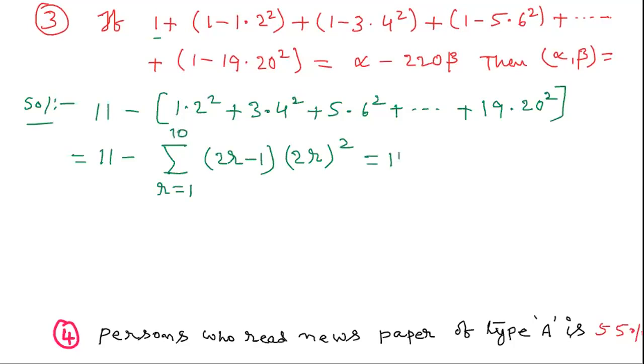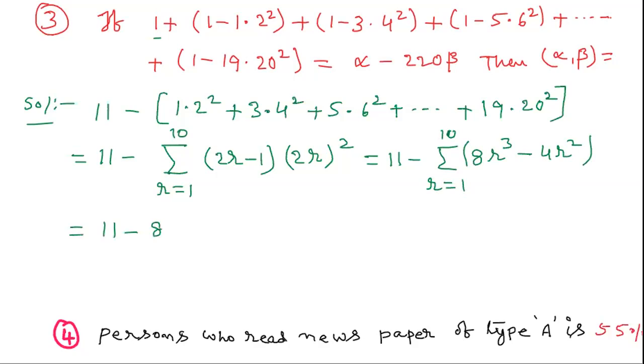Now 11 minus sigma r is equal to 1 to 10. Multiply here. 2r whole square means that is 4r square into 2r. Totally 8r cube minus 4r square into 1, that is 4r square. Now I am going to expand the sigma. 11 minus, here 8 is constant, take outside, sigma r cube, r is equal to 1 to 10.